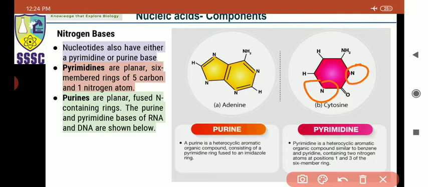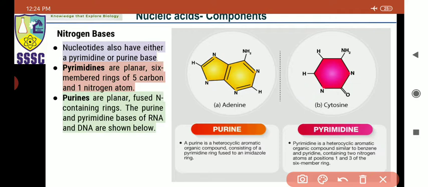Okay. So pyrimidine is a 6-member ring with 2 nitrogens and 3 double bonds. How many? 3 double bonds. Pyrimidine is a heterocyclic aromatic organic compound similar to benzene and pyridine. It contains 2 nitrogen atoms at position number 1 and position number 3.